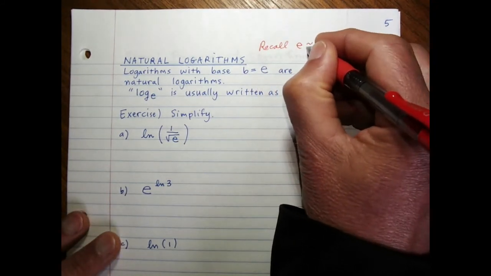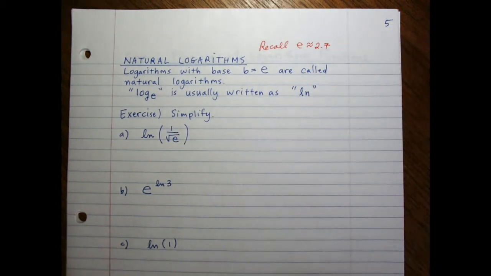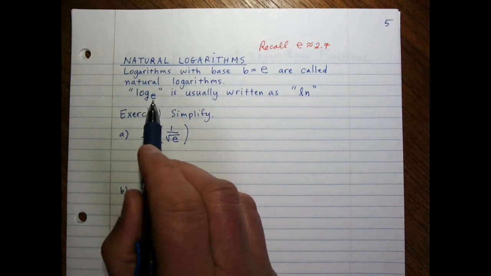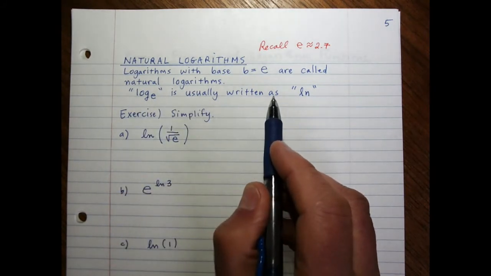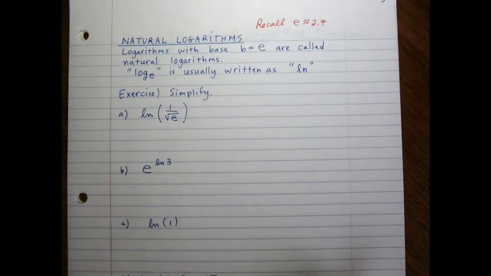E is about 2.7. It's the base of the natural exponential function, so its inverse is called the natural logarithm. When we have log base e, that's usually written as ln, just 2 letters is the abbreviation for that.